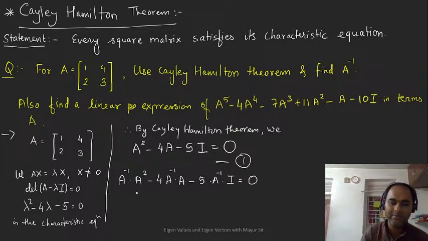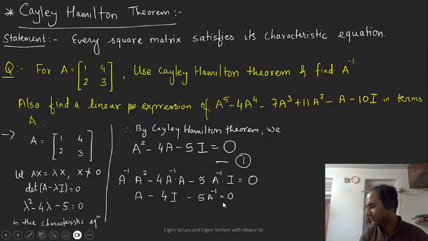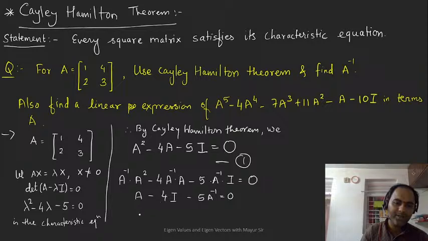So what does this give you? A, then minus 4I, and minus 5 A inverse equals 0, because we are finding A inverse. So this is what you get. Now A minus 4I is equal to 5 A inverse.